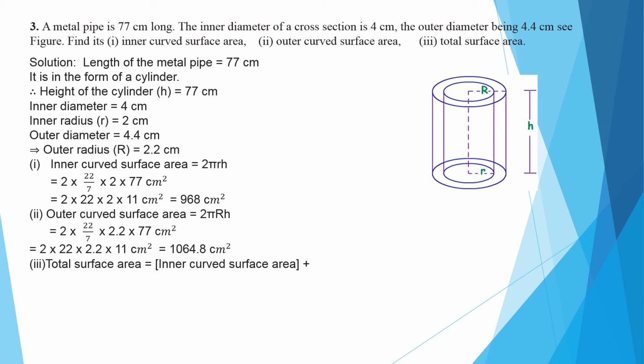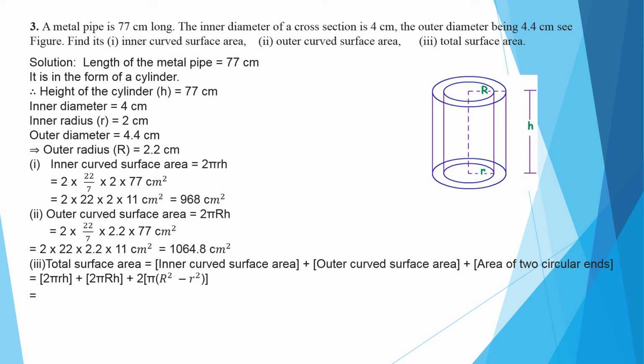The total surface area means the outer one plus the inner one and the top portion, and the top portion is a circular ring, so that can be obtained by using the formula pi capital R square minus small r square. So inner curve surface area plus outer curve surface area plus area of two circular ends, that is 2 pi RH plus 2 pi capital RH plus 2 pi capital R square minus small r square, because it is a cross section and it is given as outer minus inner.